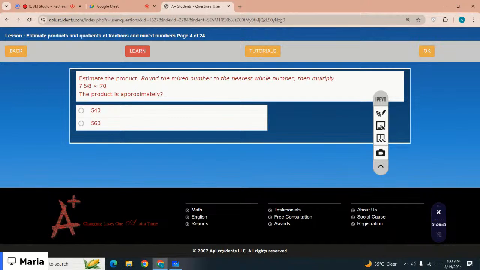So which is the correct option? Very good. That is 540.